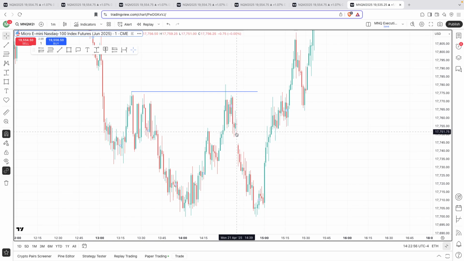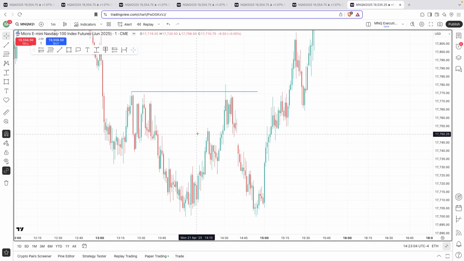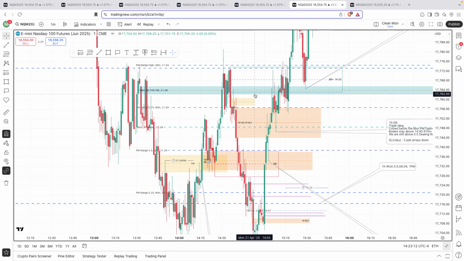Yeah, it can be a little bit different, but we always follow the NQ. And then we trade on the micro because it's less dollars per point. So we have this inversion fair value gap. So we see this, and then we get this fair value gap. So our entry would be in this fair value gap, 757.